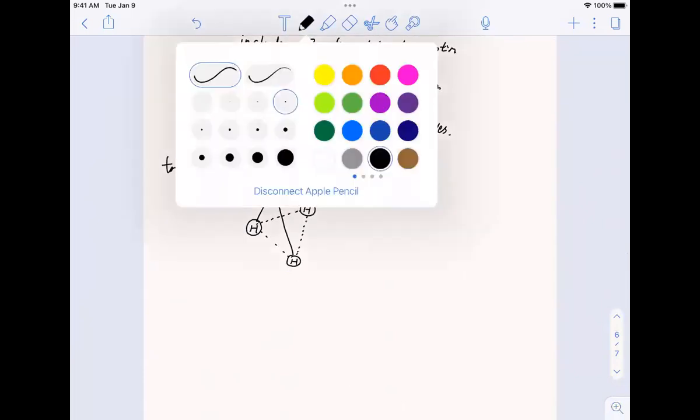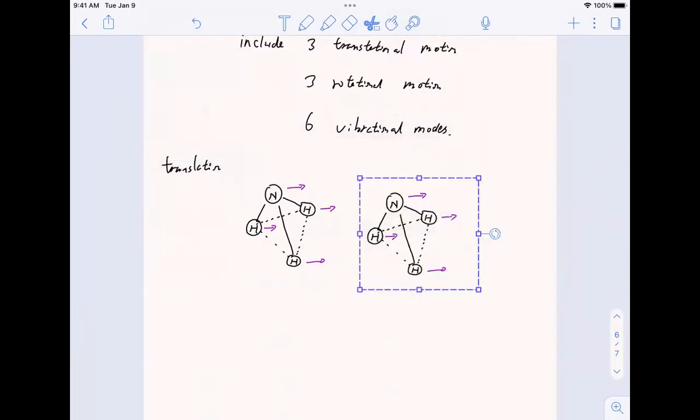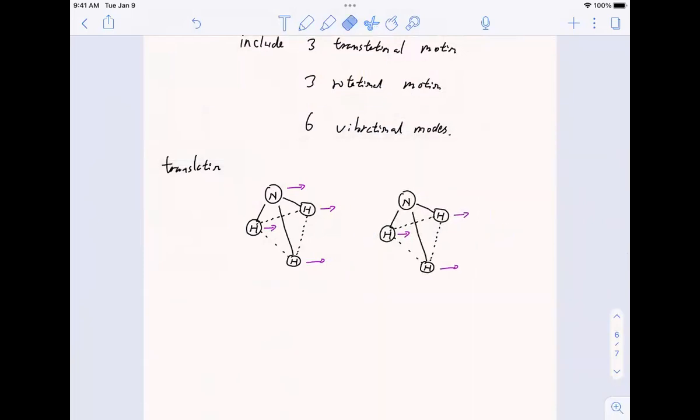Translation means all of these move in exactly the same direction, along X, Y, Z, they all go up. You just move the molecule around. So these are not interesting, just translation. They're trivial.